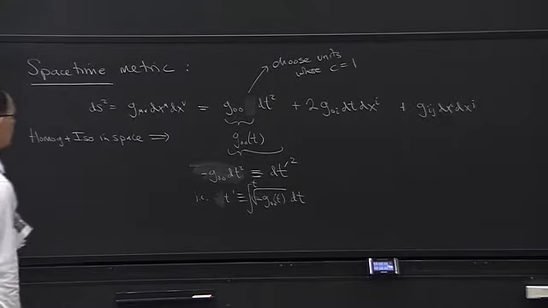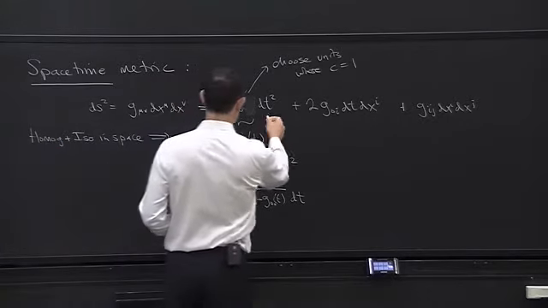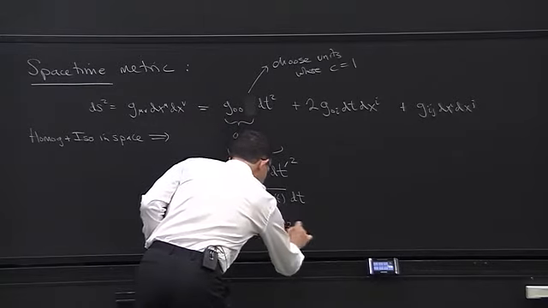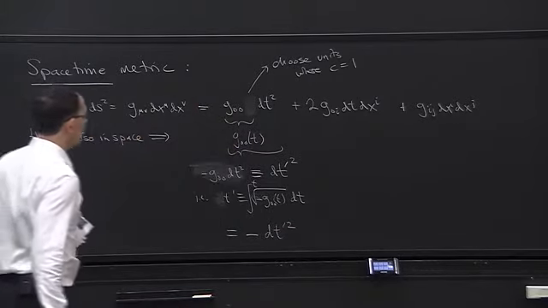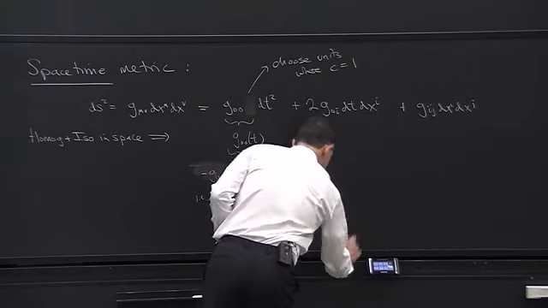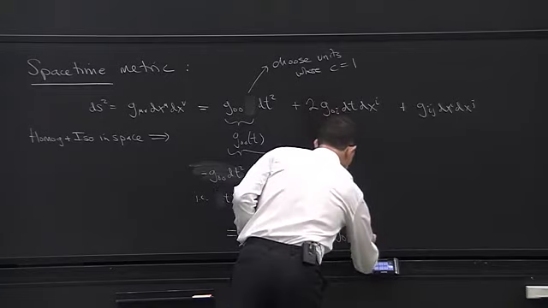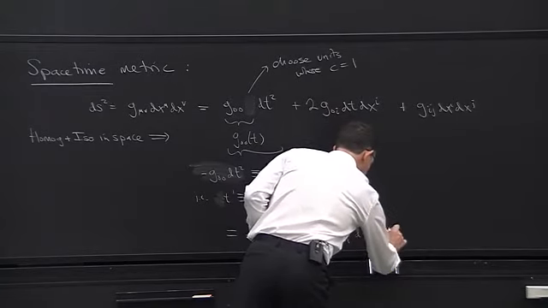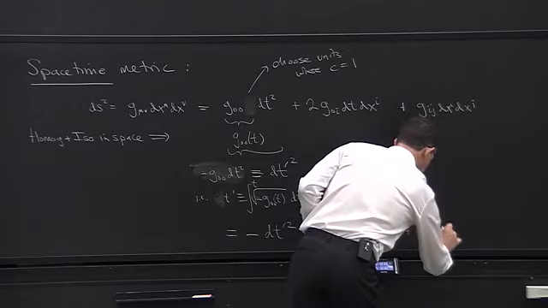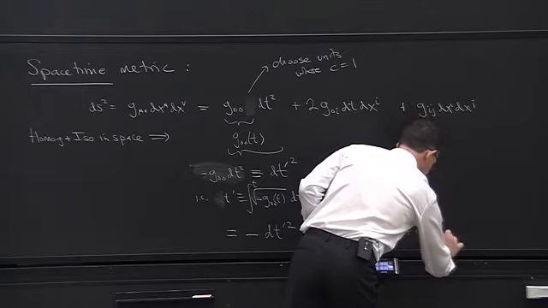Okay, and if I do that, then the first term just becomes minus dt prime squared, plus 2 g0i dt prime dxi plus gij xi x dxi dxj.